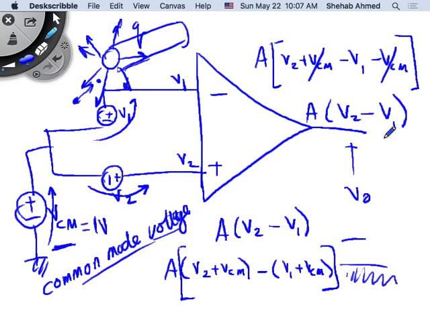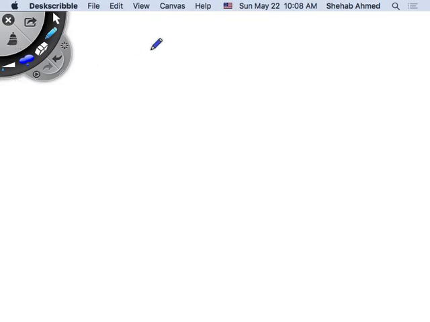One of the important measures that we will utilize for an op-amp is its ability to eliminate this common mode voltage. We will call that CMRR, common mode rejection ratio, and we will plot that in dB as well.